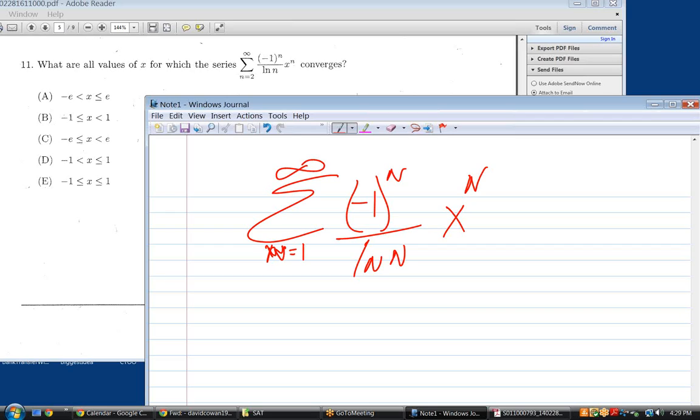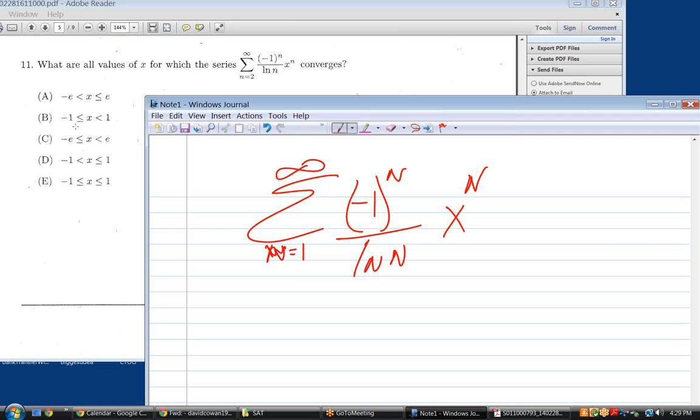So let's think what happens to the bottom. The bottom rises, but not as fast as n does. The interval of convergence on this thing has to be from -1 to 1.